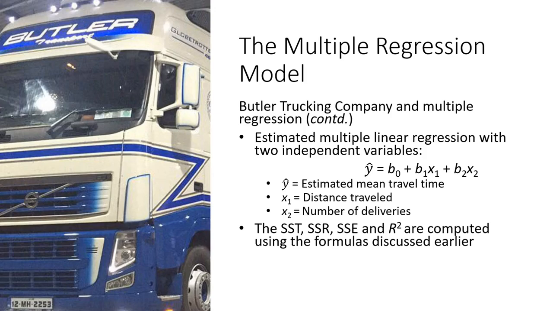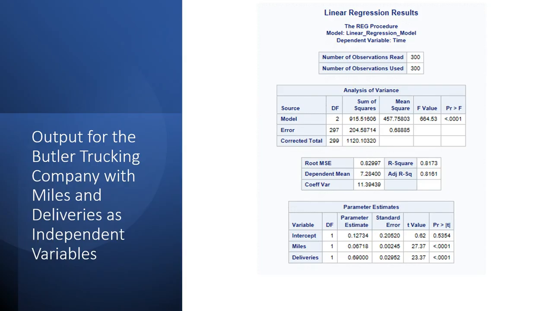So we have our y hat equals b naught, which is our y-intercept, plus b1 x1, which is going to be our slope for our x1 variable, and then b2 x2, which is our slope for our x2 variable. And then we can calculate the sum of squares total, sum of squares regression, sum of squares error, and the r squared using the formula that we talked about earlier. Or we can use a statistical software package to get this kind of output here.